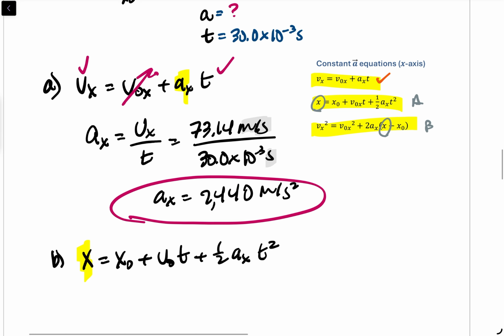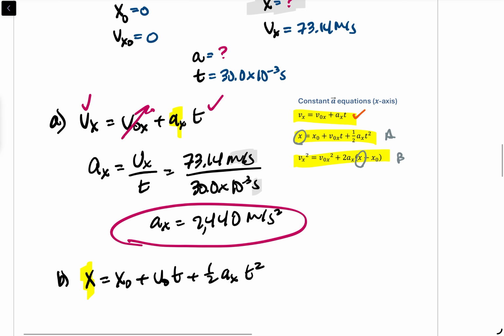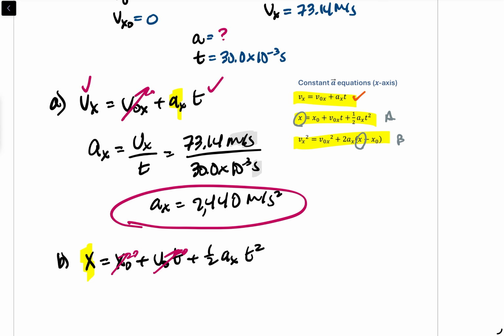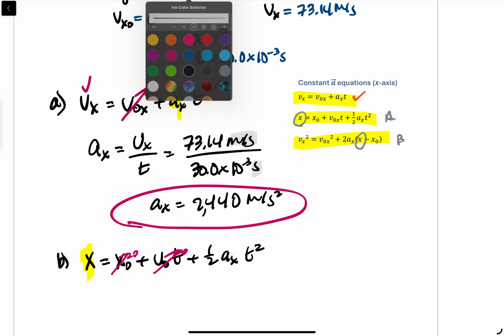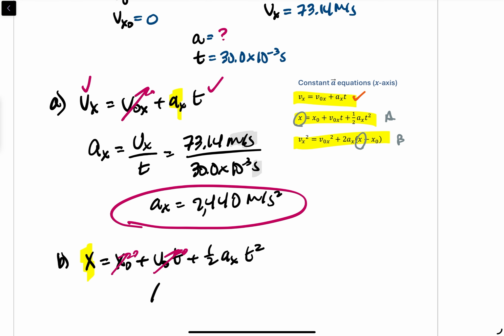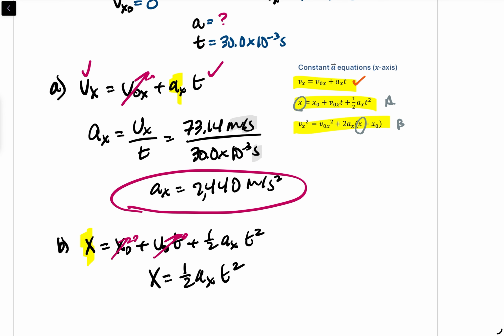One of the reasons I like to pick this one, if we have a case where my initial position and velocity are 0, is because both of those terms go to 0. So then we are just left with our final position of this interval is just 1/2 AX t squared. I can plug in my acceleration that we just calculated.